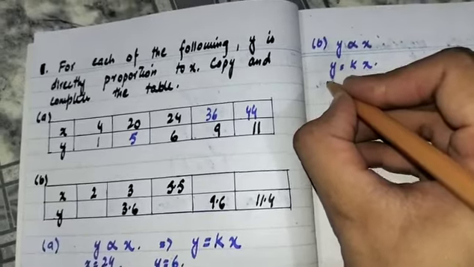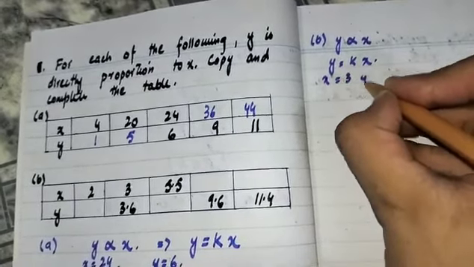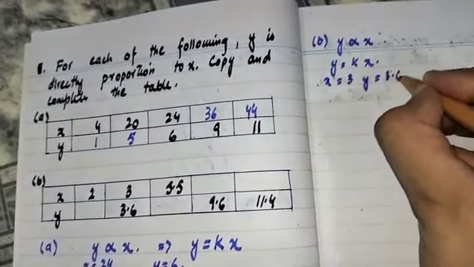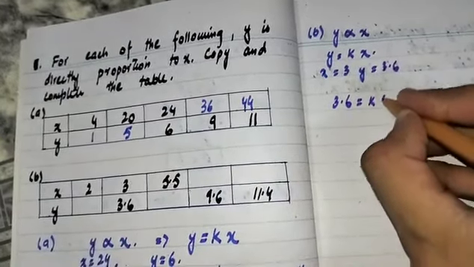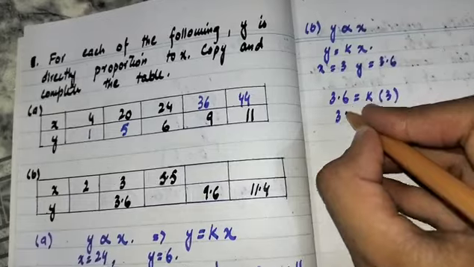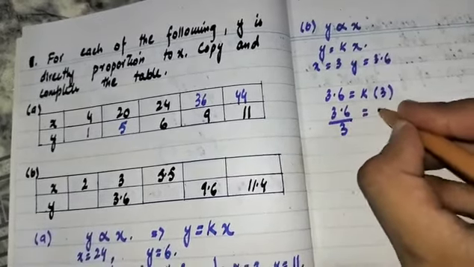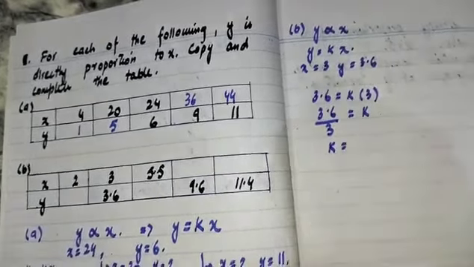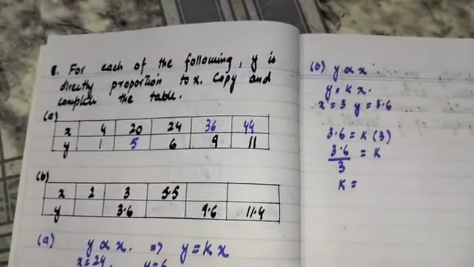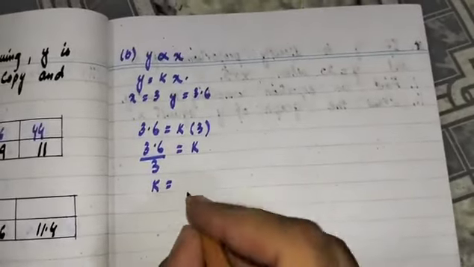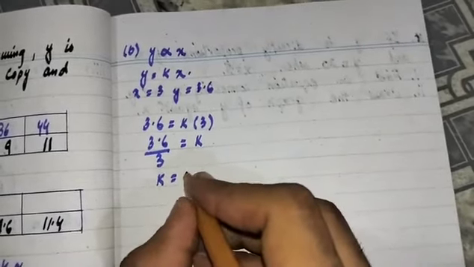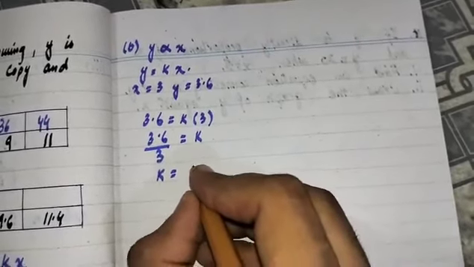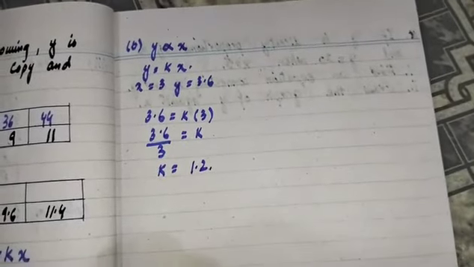So x is 3 and y is 3.6. So 3.6 is equal to k times x. To find k, 3.6 will be divided by 3. So the value of k will be 1.2.